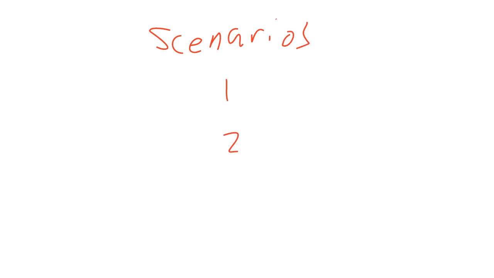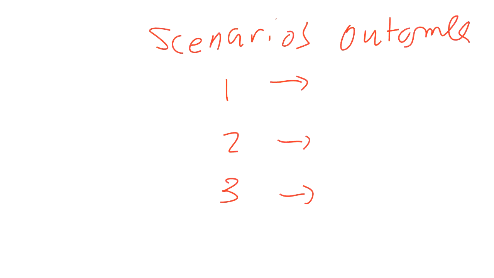Each one will have their own outcome, and these outcomes are, in our case, typically a different kind of return. So the return you'll get in scenario 1, the return you're going to get in scenario 2, the return you're going to get in scenario 3, and you are going to pair these with the probability of each scenario happening.